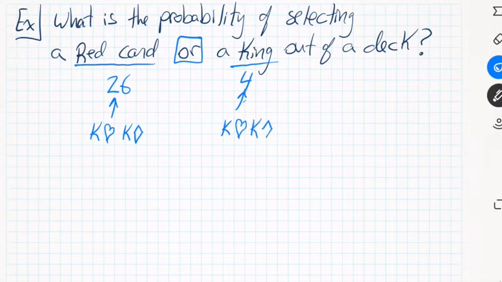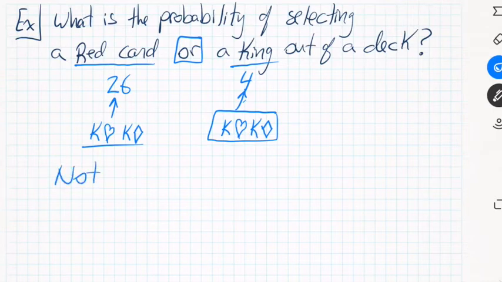So if we added these 2 numbers together, we're adding the King of Hearts and the King of Diamonds over here, but then over here I don't need to add them. They become overlapped counted. So we have to be really careful with this overlap. So this would be not mutually exclusive.